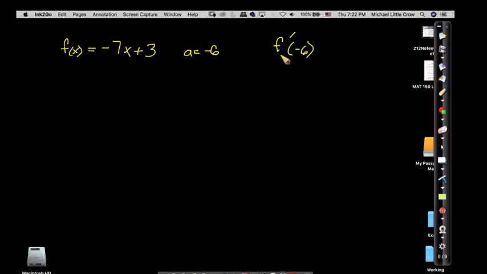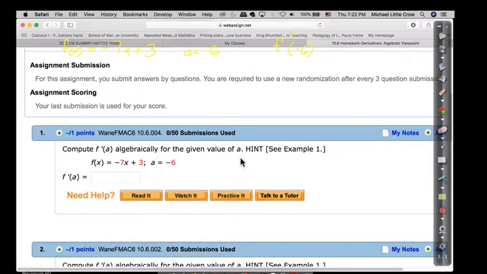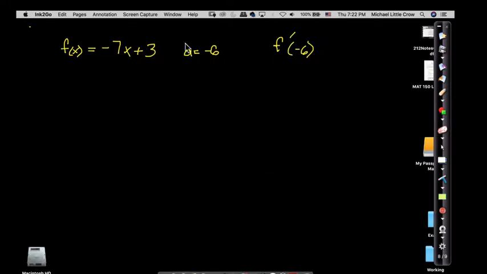Maybe I better pull it up one more time. Compute this algebraically for the given function. It doesn't say which formula to use, so what we'll do is use the difference formula.